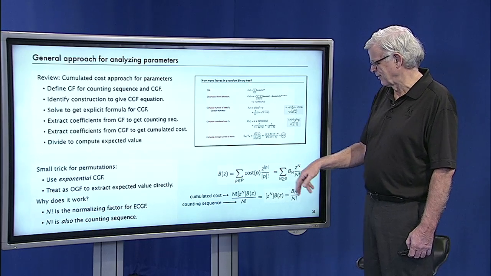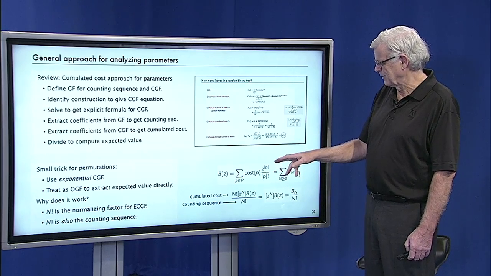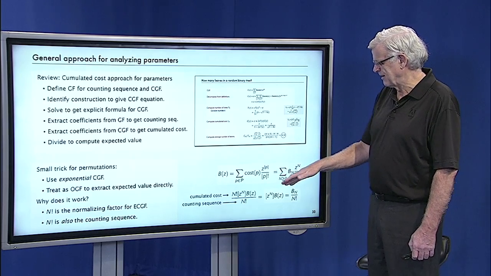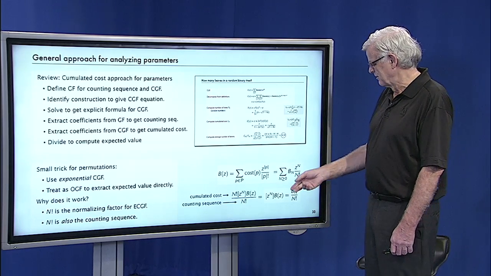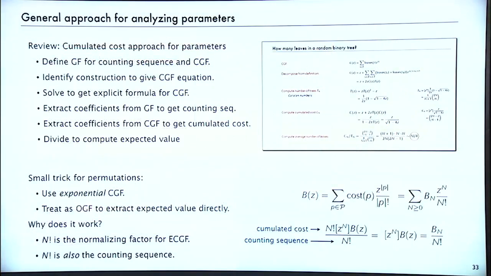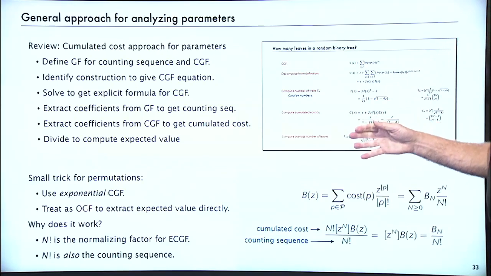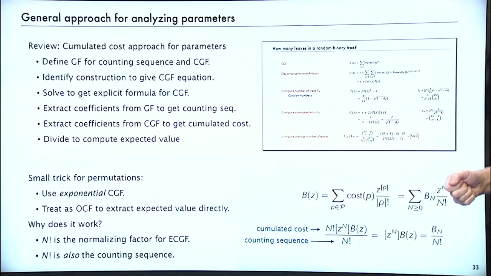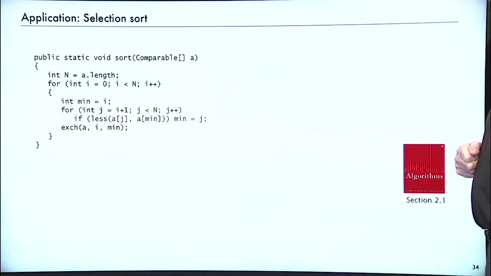So really this is shorthand for n factorial times the coefficient of z to the n of B(z) being the total cumulated cost, and n factorial is also the counting sequence. So if we just extract the coefficient of z to the n, we get the average for permutations. We're going to work with an exponential accumulated generating function, but when it's time to extract coefficients, we'll just extract the coefficient of z to the n and immediately get the average value of the parameter.